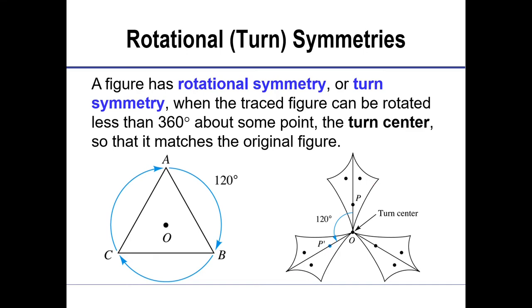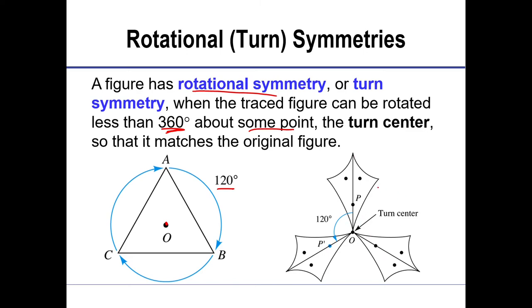A figure has a rotational symmetry or turn symmetry when the traced figure can be rotated less than 360 degrees about some point, the turn center, so that it matches the original figure. If you look at the first figure, I could rotate this triangle around the point O less than 360 degrees, or 120 degrees, and I would get the same image on top of that figure.